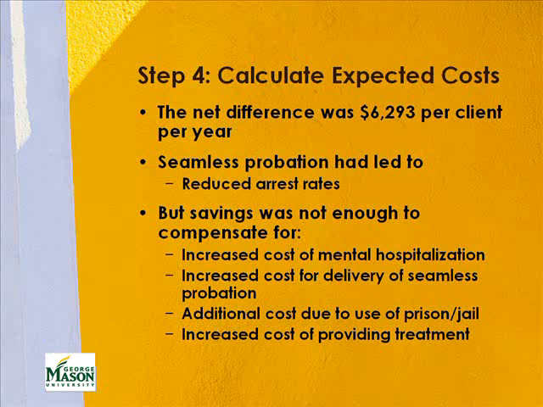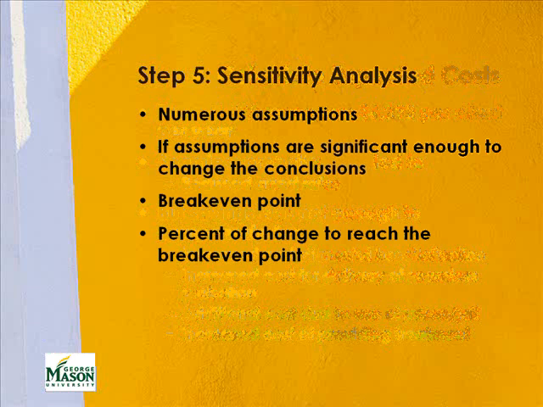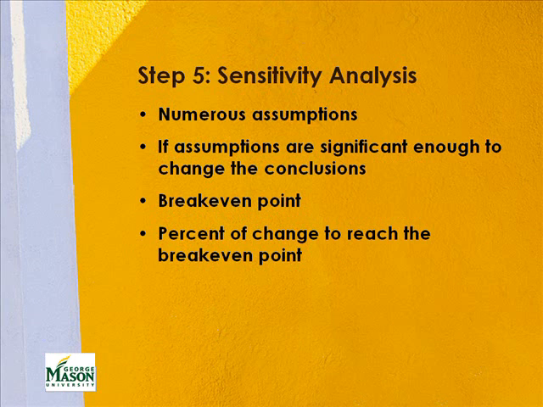In any analysis, numerous assumptions are made. Sometimes assumptions can be wrong without changing the conclusions of the analysis. Other times, parameters need to be estimated precisely because small variations in estimates could reverse the conclusions. Sensitivity analysis can establish if assumptions are significant enough to change the conclusions.